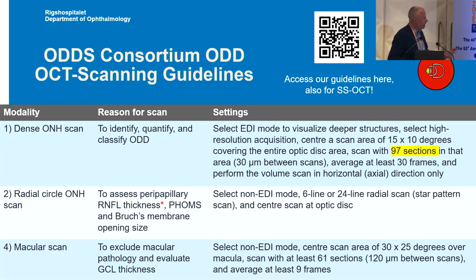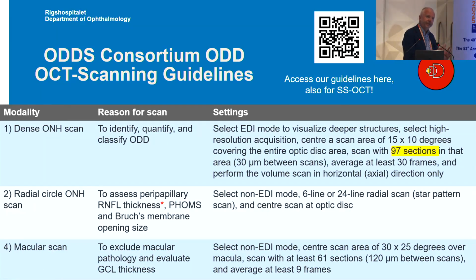So we came up with the guidelines for how to scan using OCT. You can take the QR code if you want to. You go to a website. We also have it for swept source OCT. And what is most important is that if you want to be sure that you capture all the drusen, you need to do a very dense sectioning, at least 97 sections.